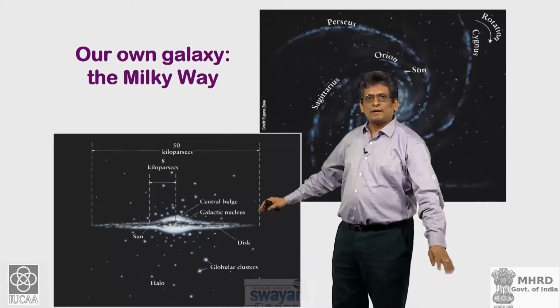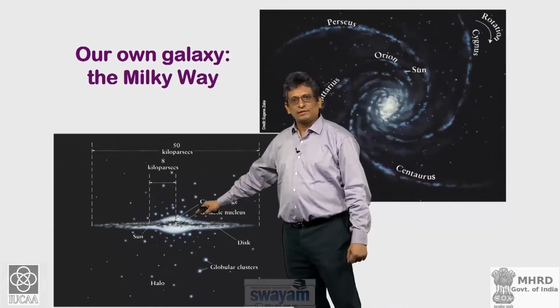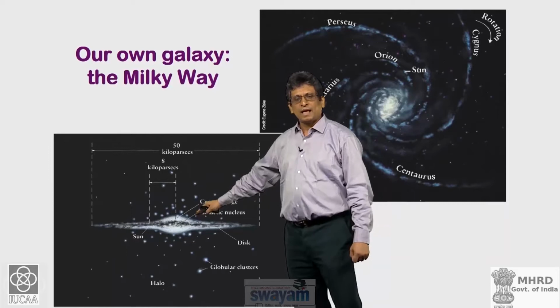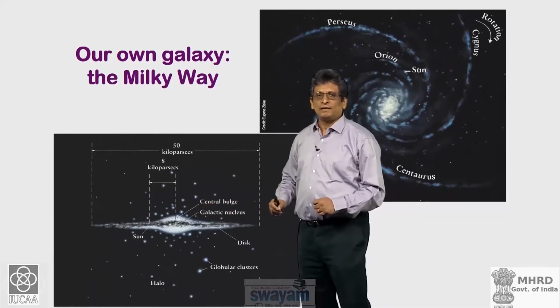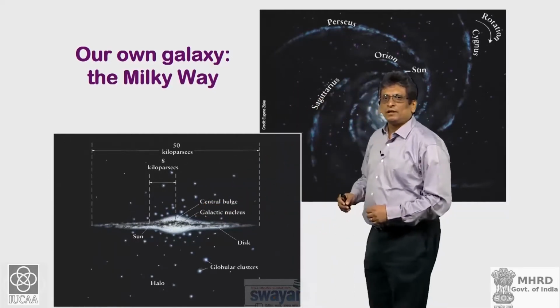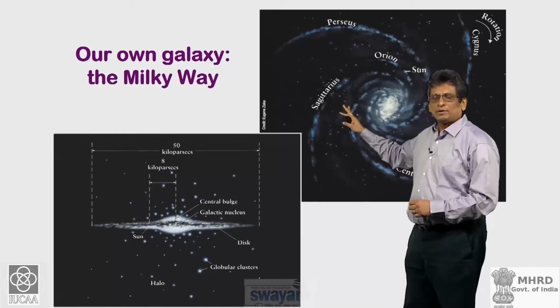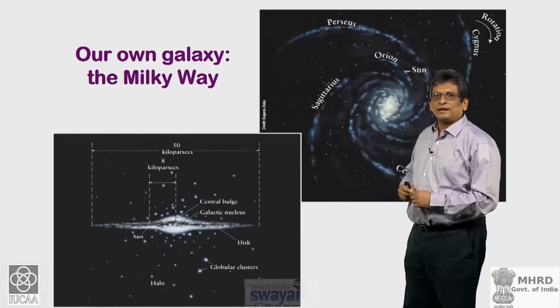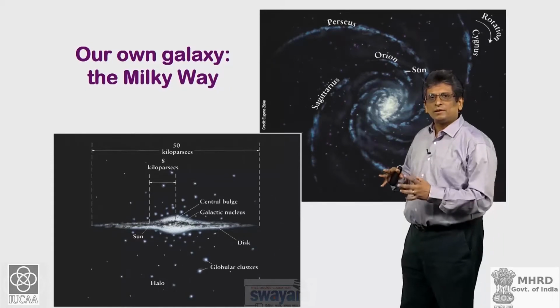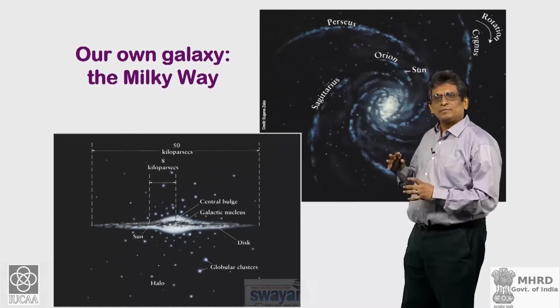In the center, whatever is there is obscured by dust, as can be seen in optical images. Looking from the top, we can see that the galaxy has a bulge in the middle and spiral arms around it.